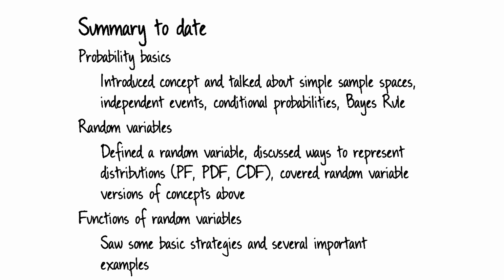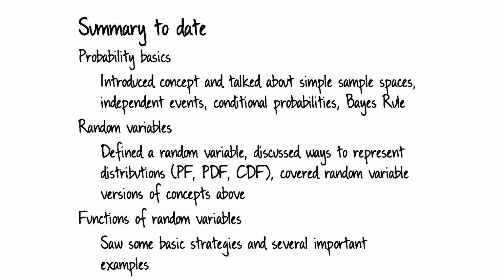Then we introduced random variables, and we defined what a random variable was. We discussed ways to represent distributions, so a probability function and a probability density function. Those were analogous, but one was for discrete random variables and one was for continuous random variables.